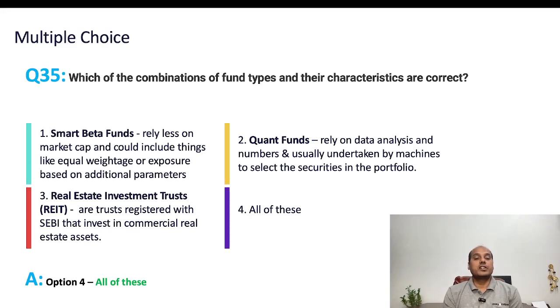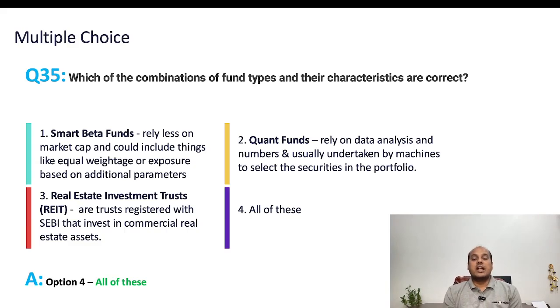Okay, so for example, there could be an index fund where there's an HDFC mutual fund where they invest into Nifty 50 in equal weightage, even though Nifty 50 constituents have different weightage, but that particular fund gives an option for investors if they want to treat all those Nifty 50 companies as equal weightage and they want to invest in that way. So option one, smart beta funds, definition is absolutely right.